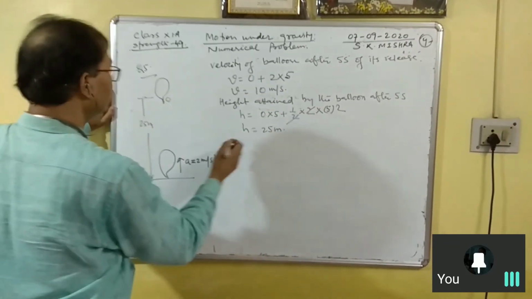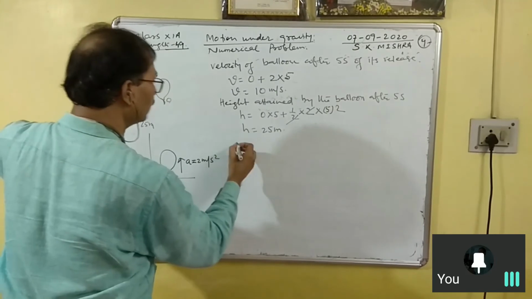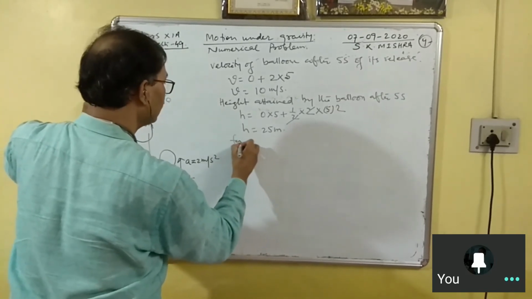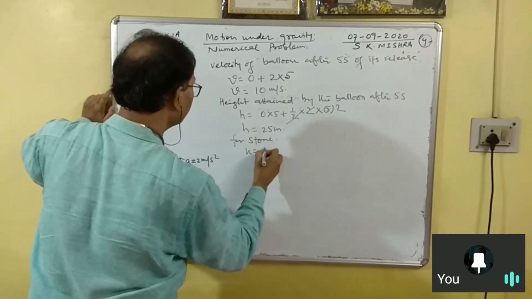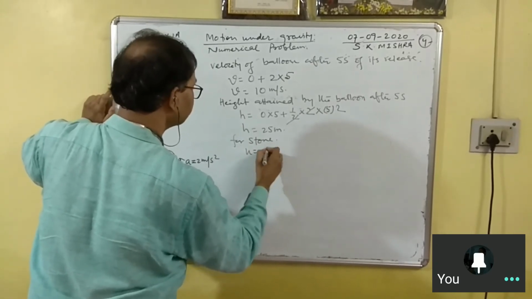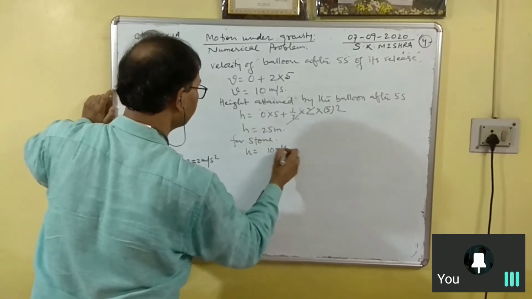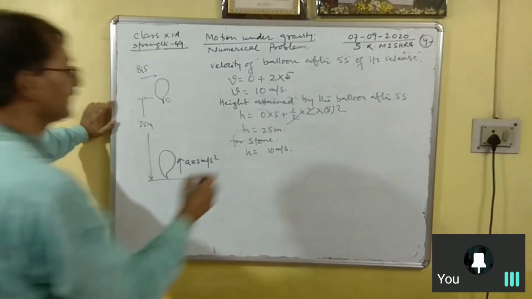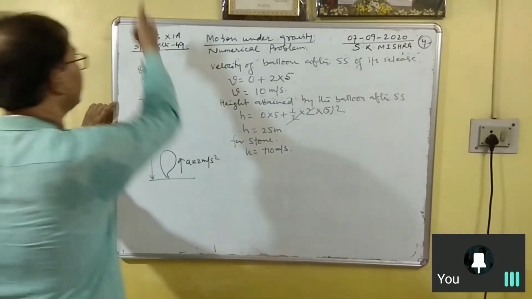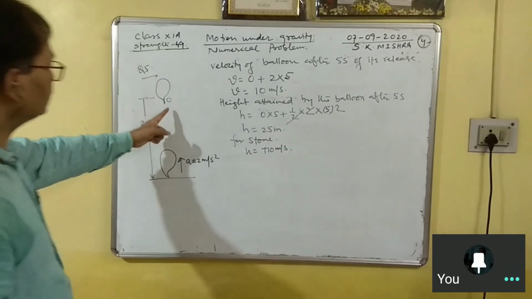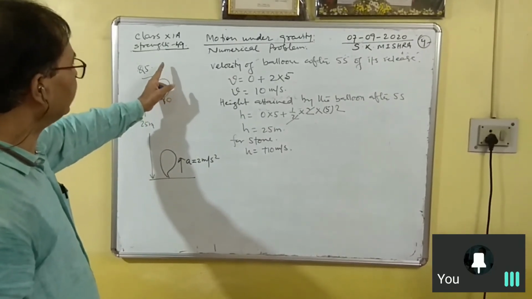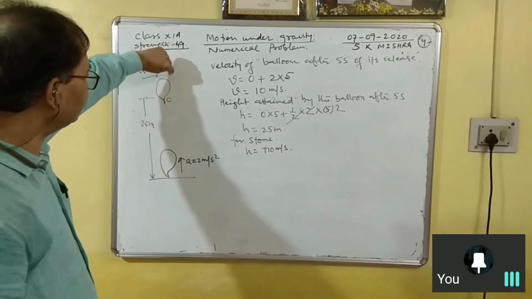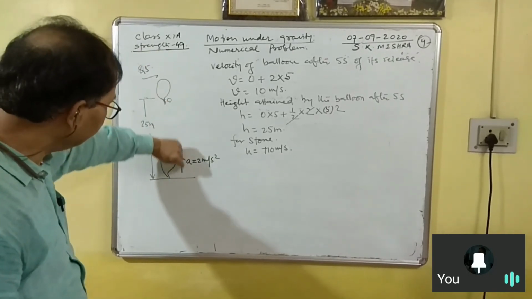So u for the stone is 10 meter per second. Take a positive sign because it is in the upward direction. The stone will move first in the upward direction, attain some height, and then come back and hit the ground.